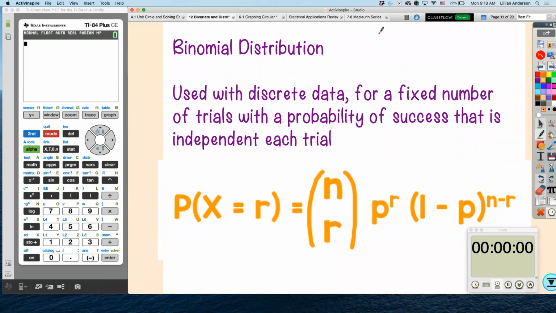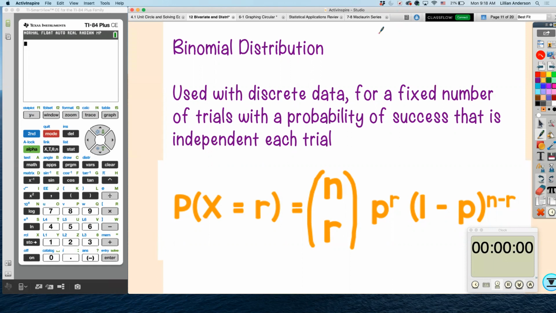What you see on the board in orange is a screenshot from when we took these notes last year of how you go about finding a binomial distribution. The probability of your discrete variable, capital X, taking some particular outcome, which is R, is equal to N choose R. You see that notation with binomial theorem, hence why this is binomial distribution.